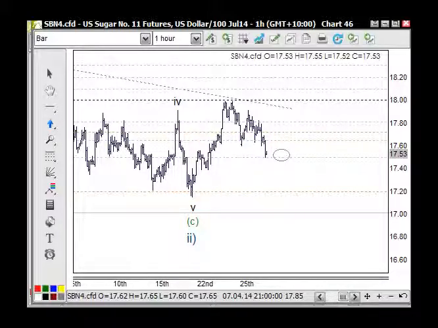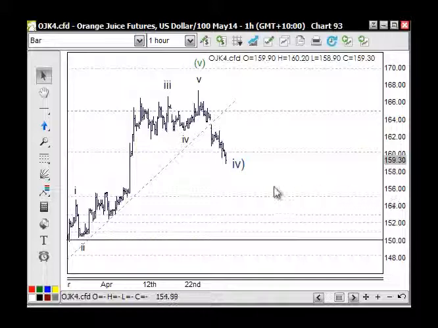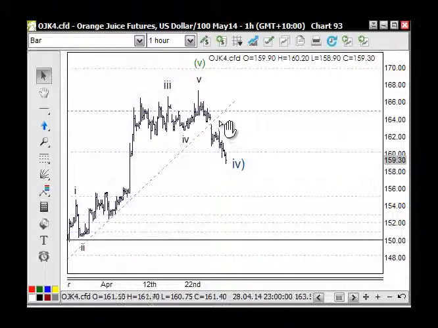The orange juice market is moving down to wave 4, and we're looking at the 38.2 retracement level at 158. So 159 at the moment. So it's got a bit more to come down. We can see that part of it is in 5, it's not quite 5 waves, but it is in 1 wave, and it's actually in an A and a B and a C wave down so far, but the 3rd wave's in the middle here, and this will be the 4th wave and the 5th wave.